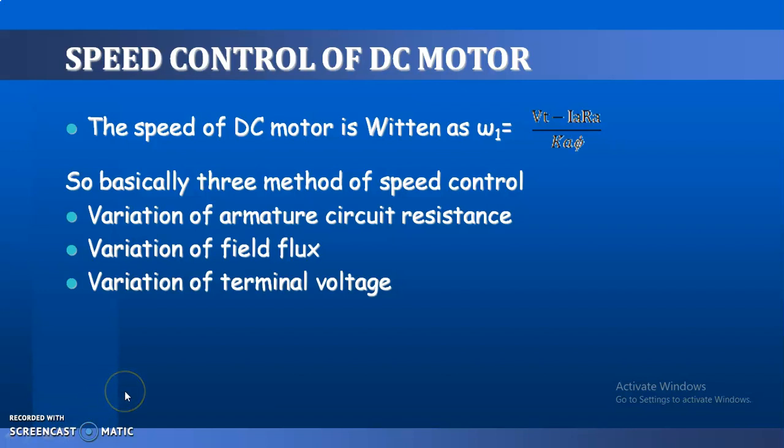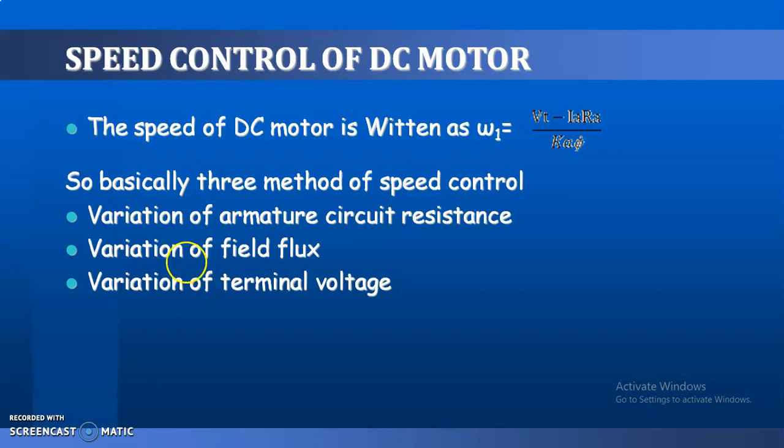Again, from the speed equation, the back EMF Eb = Ka φ ωm. Here ωm is the angular speed, φ is the field flux. Now equating both these equations, we can write ω = (Vt − IaRa) / Ka φ.